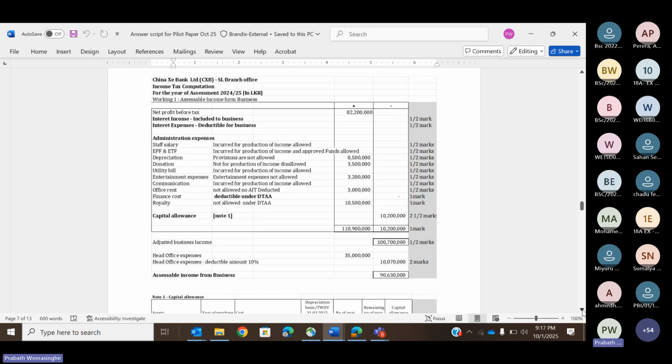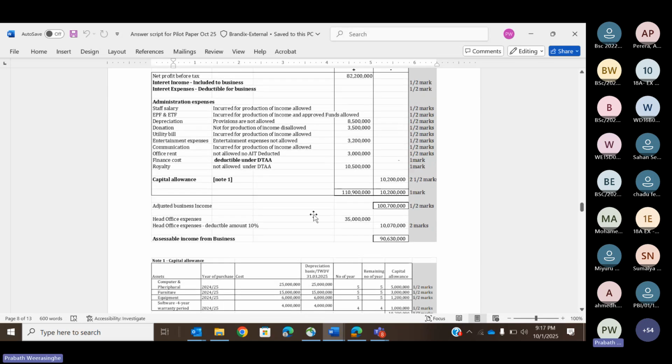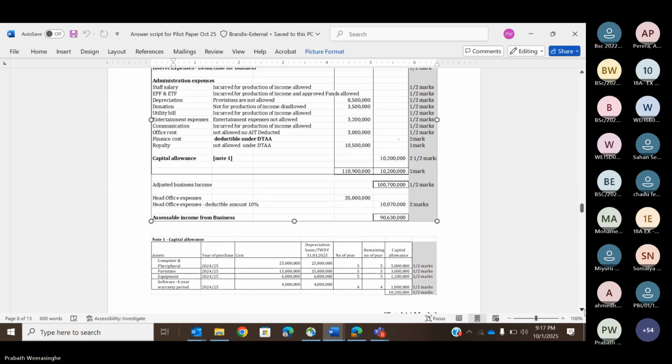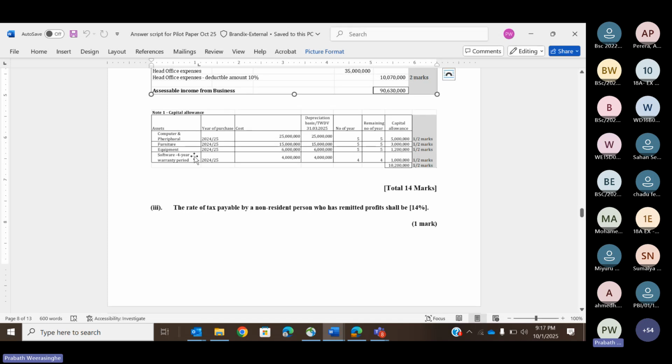So capital allowances are very similar. And the discussion is asking how we can deduct the head office expenditure they have given. It is subject to 10% of the assessable income of the branch, right? That's all. So remittance tax liability, here it's asking whether they are liable for remittance tax. Yes, on profit remittance, they are liable.